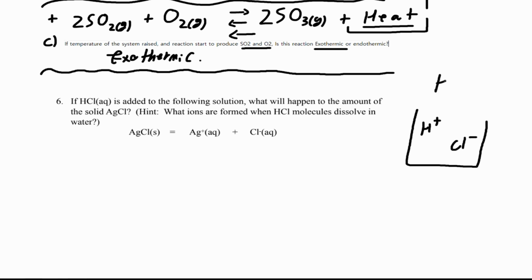In this case, introducing HCl to the solution will cause an increased concentration of Cl minus. So, as soon as Cl minus increased, the reaction is going to shift towards the reactant. And as our reactant is AgCl and it is a solid, we can say more precipitate or more solid AgCl will form.